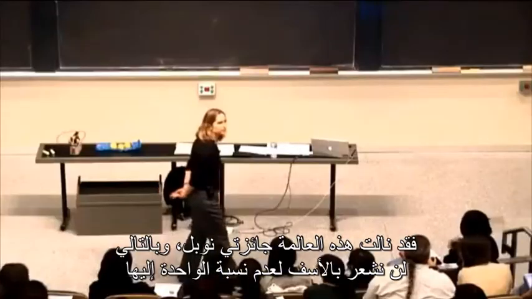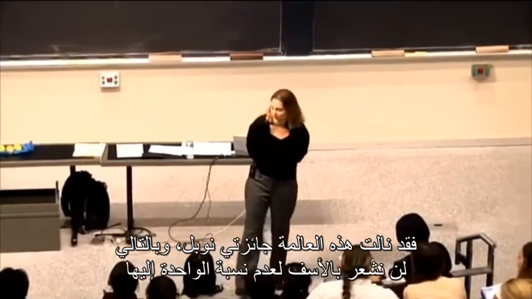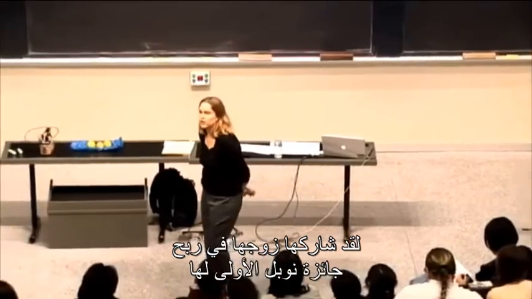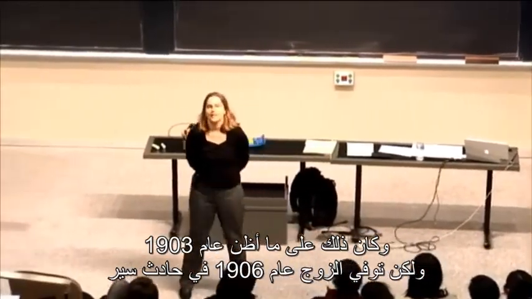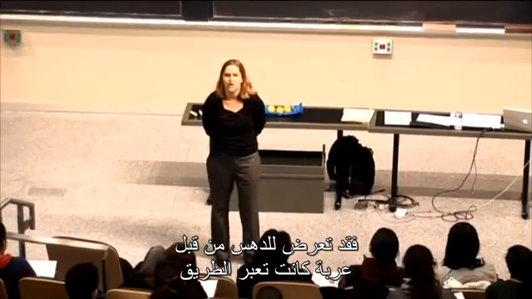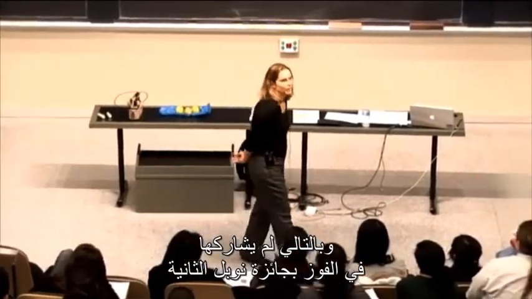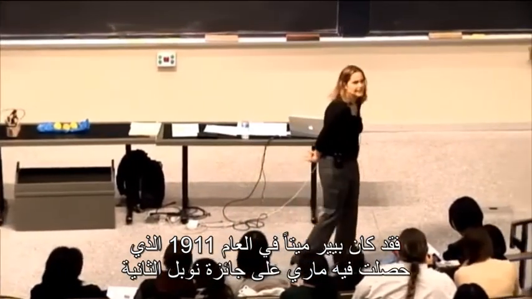But Marie Curie won 2 Nobel Prizes, so we shouldn't feel too sorry for her. Her husband shared the first Nobel Prize with her in, I think, 1903. But then in 1906, he was killed in a road accident, run over by something while crossing the street. So he did not share the second Nobel Prize, because by the time that came around, about 1911, he had passed away.